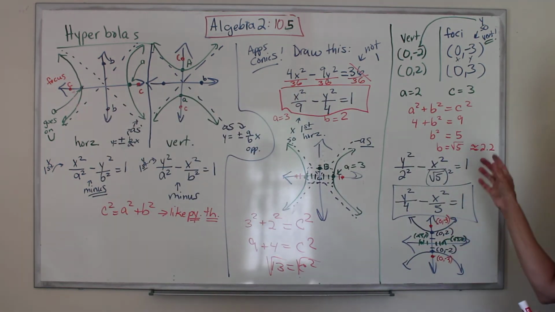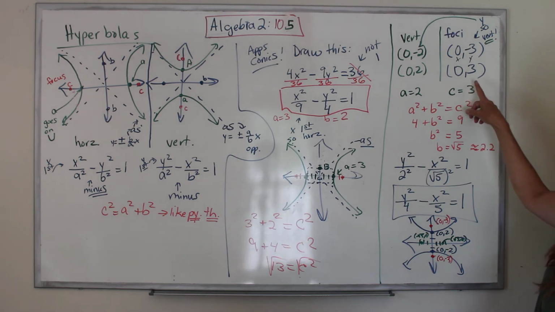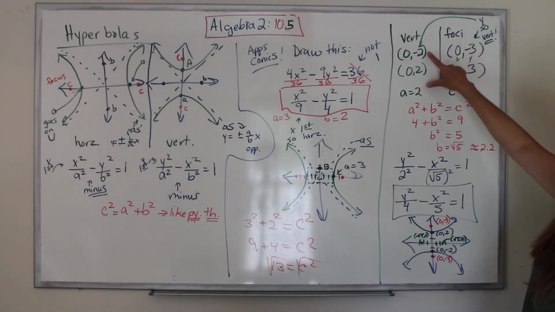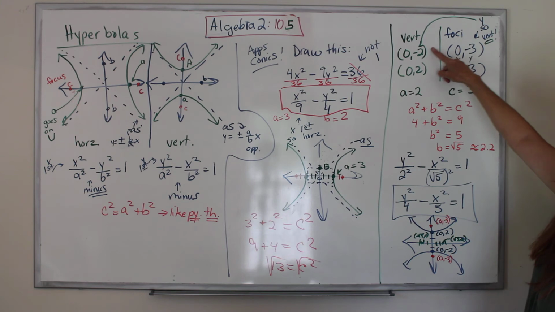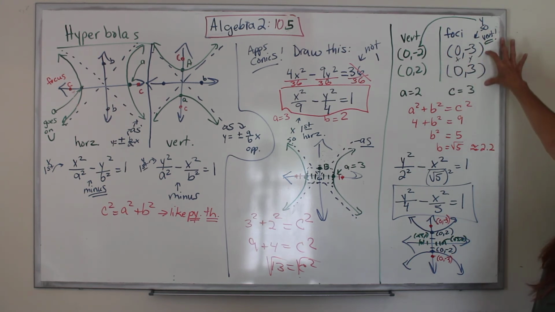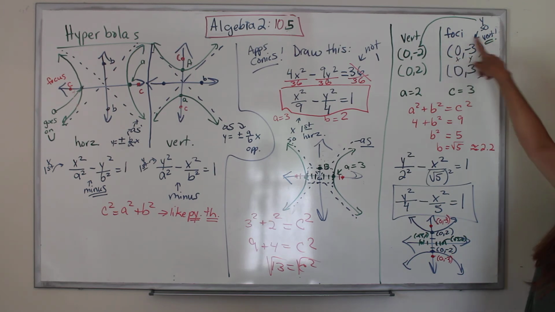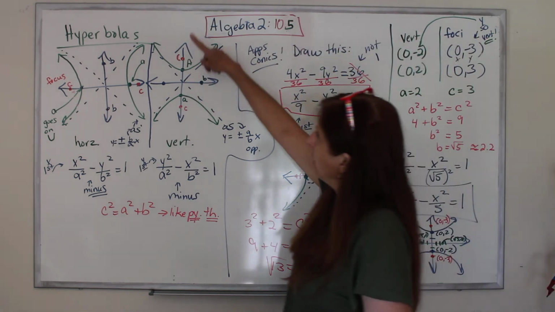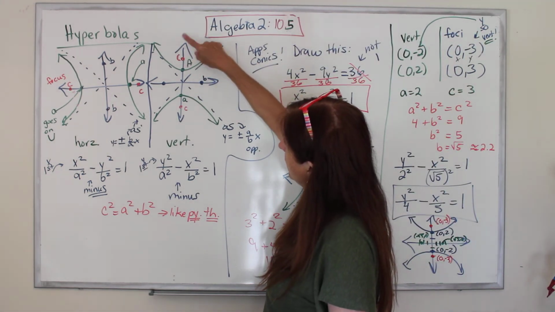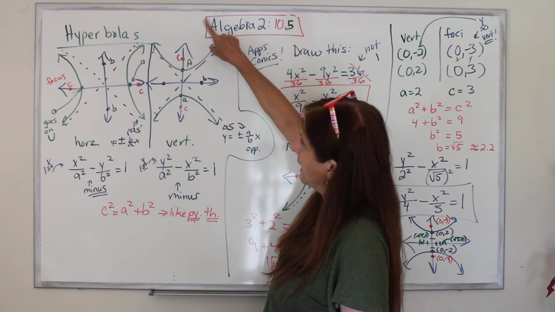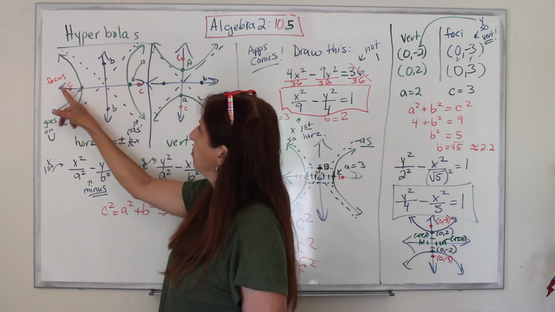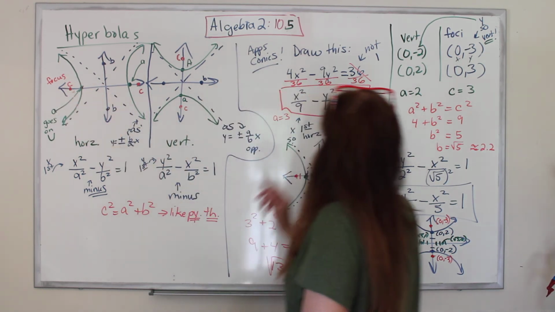All right, so here's another one. This time, notice that we are given the vertices and the foci. And notice that these are in the y, so we know it's vertical. See how, if it's vertical, the points are on the y-axis. If it's horizontal, the points are on the x-axis.